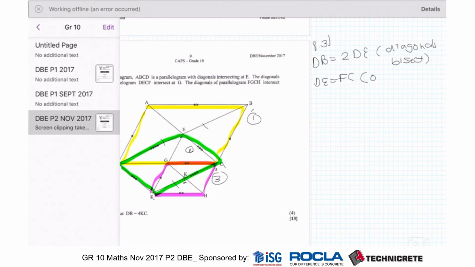My reason is opposite sides of a parallelogram. Now FC is equal to 2 of KC. That we can easily see. And now we have created and involved KC and DB, which is what they want. And this reasoning is because if K is equal to KC, diagonals bisect.